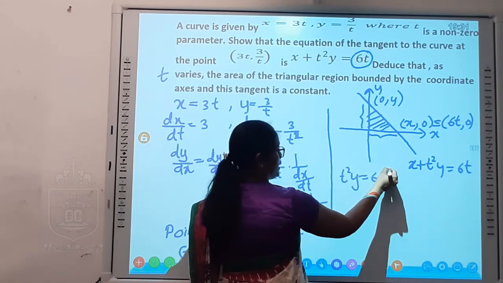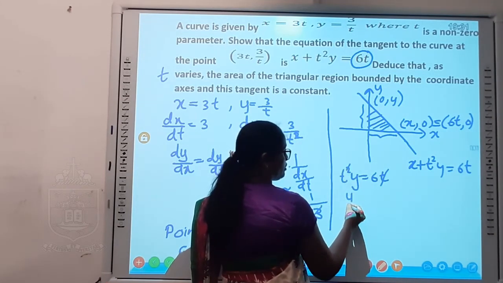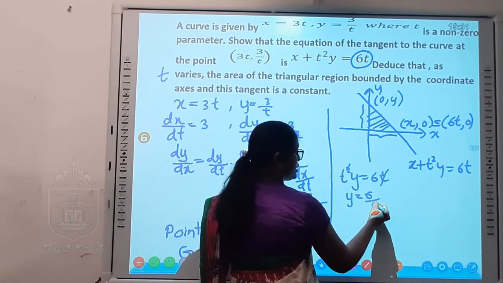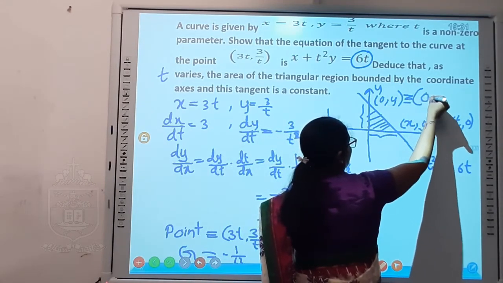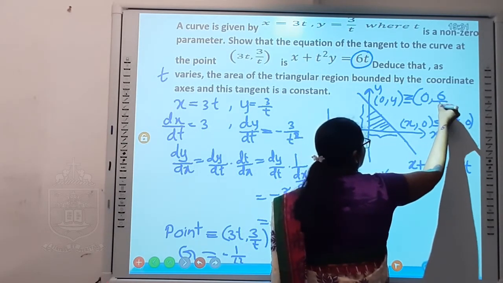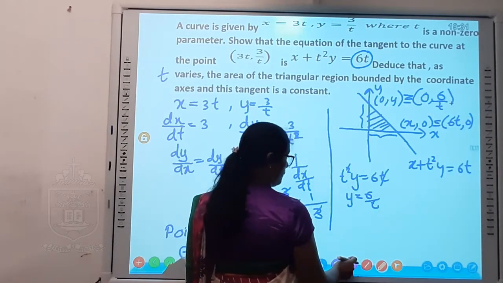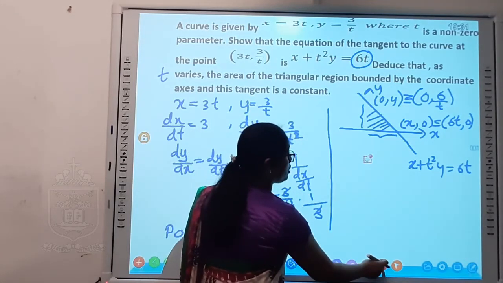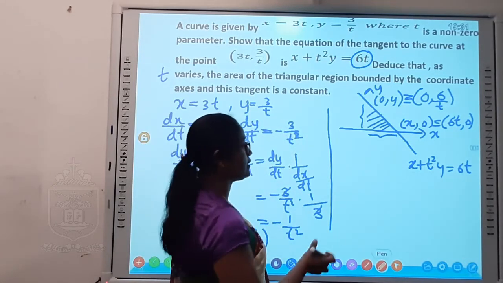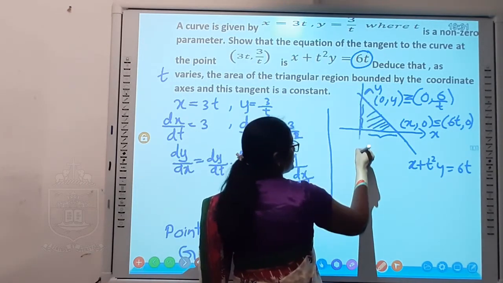So one t can be cancelled from this. So y will be equal to 6 over t. Right? So here the coordinates I can write 0, 6 over t. Now we have the idea about the triangle coordinates, and that means these lengths.